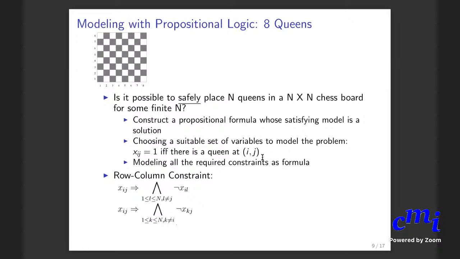Since our formula has to be finite, and since I'm allowing the size of the board to be a parameter, I'm expressing it as a schema that generates this formula for any particular n. So you could instantiate this schema for a particular value of n, and then it will be a finite number of formulas. For example, if I instantiate this for I from 1 to 8 and j from 1 to 8, then I'll have a finite formula.